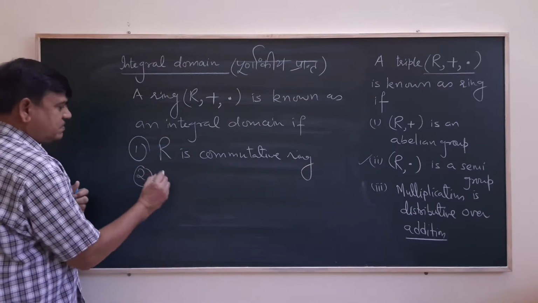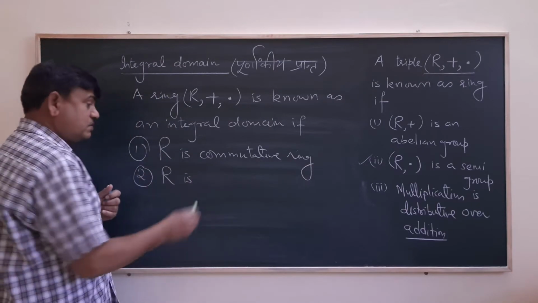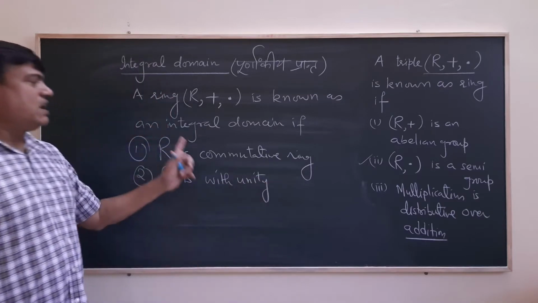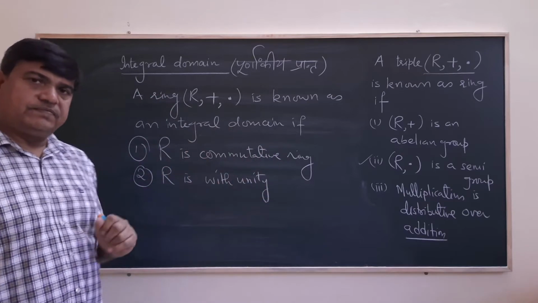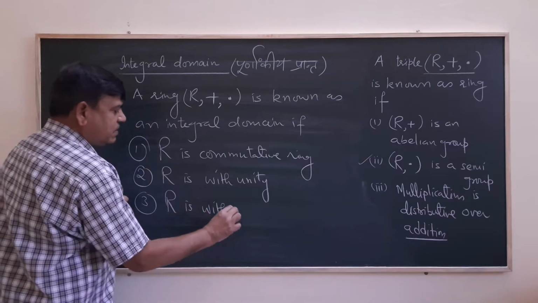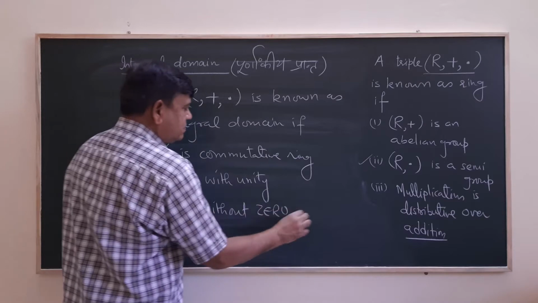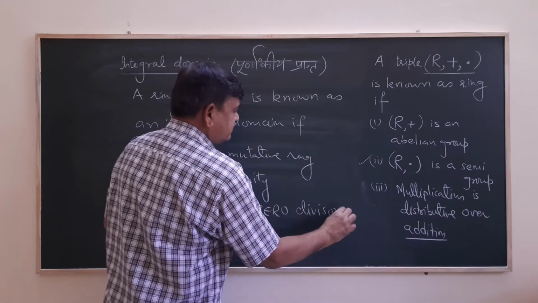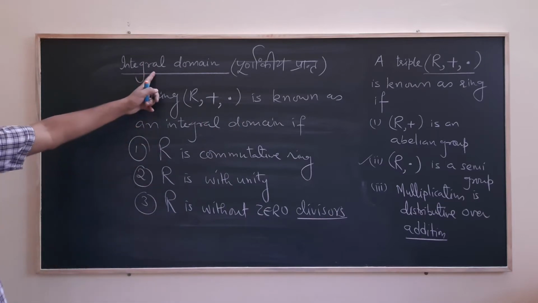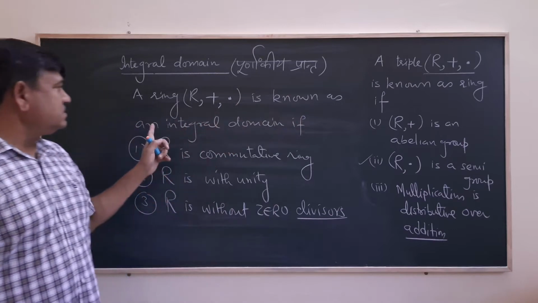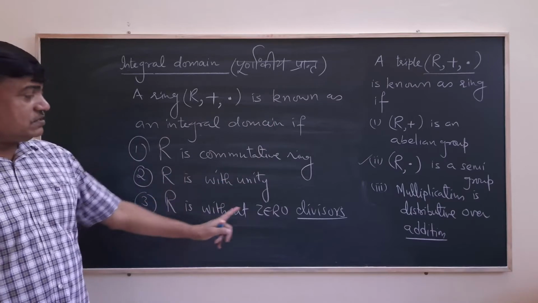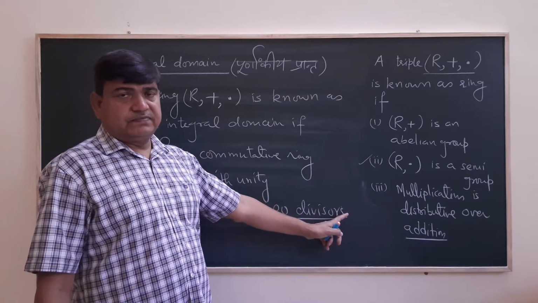Second, R is with unity. R is a commutative ring, R is with unity. And number third, R is without 0 divisors. Integral domain. A ring is known as an integral domain if R is a commutative ring, R is with unity, R is without 0 divisors. Pay attention.